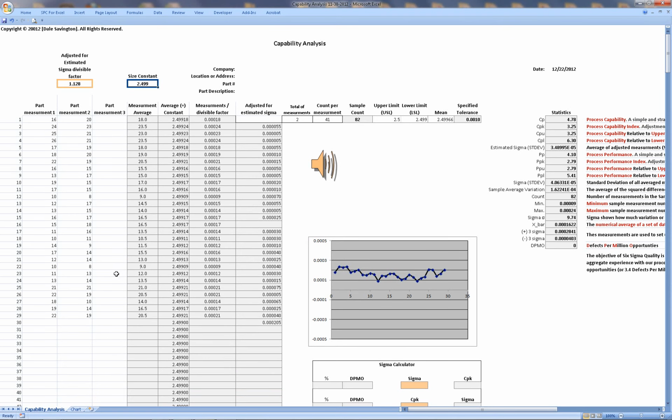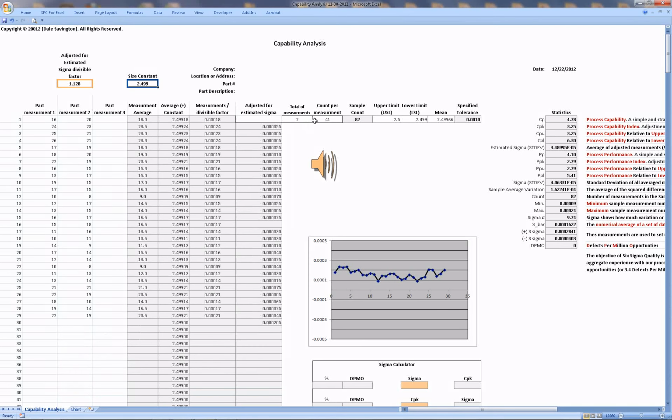The next cells are located at the top of the page and are as follows. Total measurement, which will be between 1 and 3. Part measurement 1 if needed, part measurement 2, and if needed, part measurement 3. If you have input part measurements in 2 columns, then you'll enter 2. As you see, we have part 1, part 2. The next input will be count per measurement, and in this example it was 29, so you put 29.